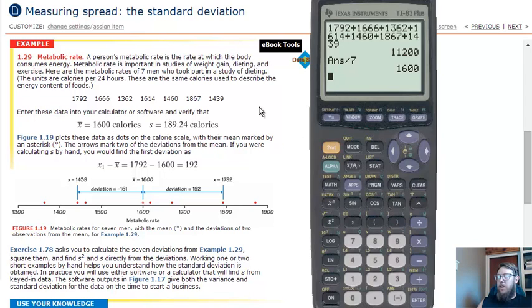So the next step in calculating standard deviation is to subtract the mean that we just calculated from each individual value, and that'll give us the distance from the mean that each value is. And this first number here, 1792, we're going to take 1792 and we subtract the mean of 1600.